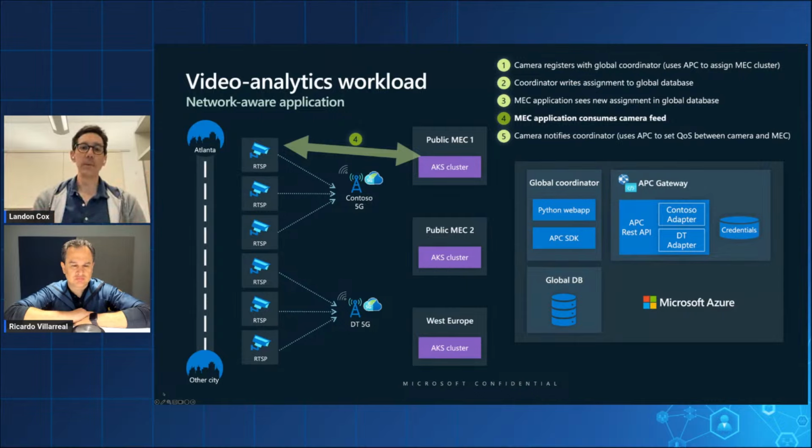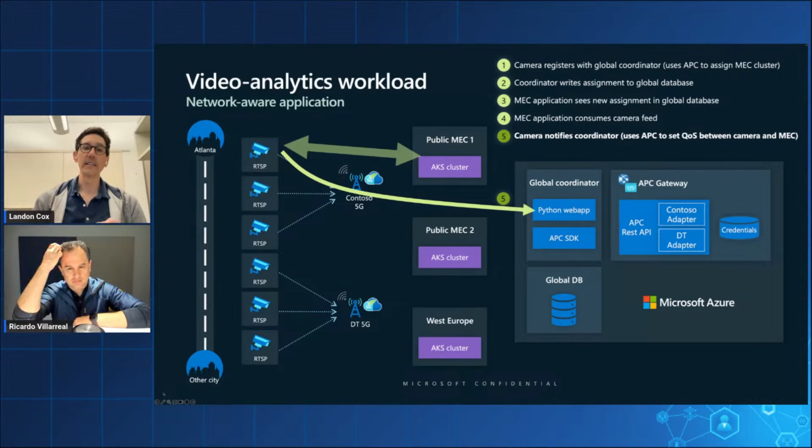Now, the final step is the second time that we're going to use APC, and that's step 5. So once the camera gets a connection from this cluster, it's going to contact the global coordinator again, and it's going to ask the coordinator to configure the connectivity between itself and the cluster. It's going to ask it to set the quality of service between the camera and the Mech. So that's the final step, step 5.